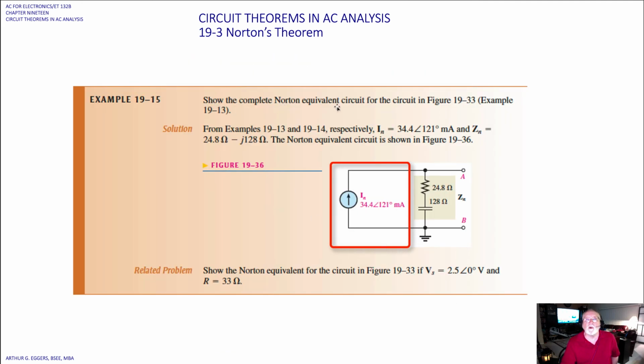Show the complete Norton equivalent then for the circuit diagram shown. From the examples 19.3 and 19.14 respectively, I Norton is 34.4 milliamps at 121 degrees, and Z Norton then is 24.8 minus J 128 ohms. So the Norton equivalent circuit then, as shown, is the diagram that we see below.